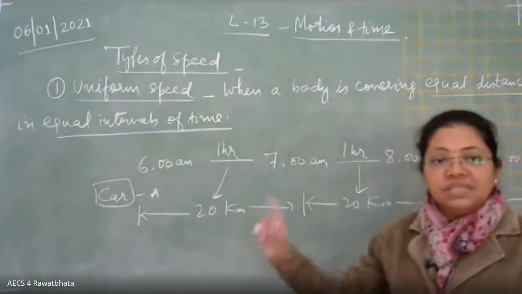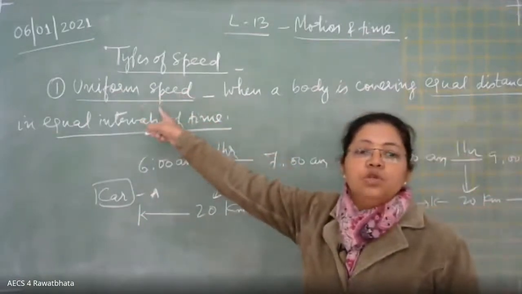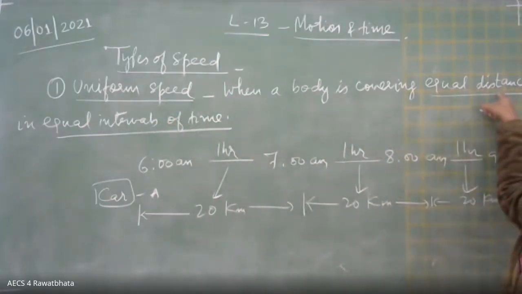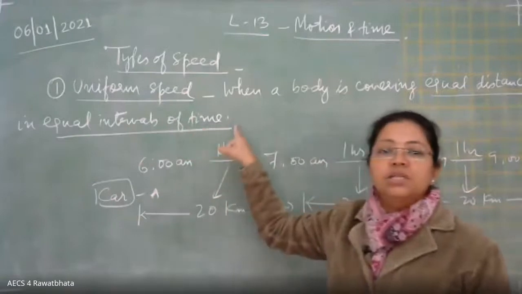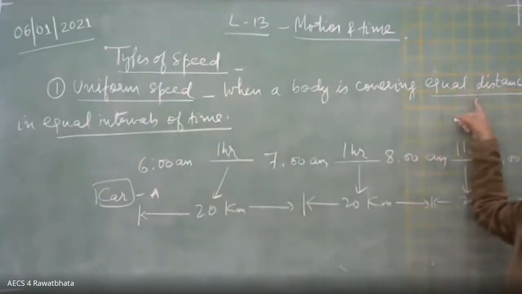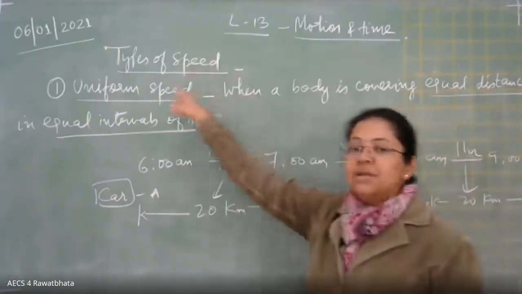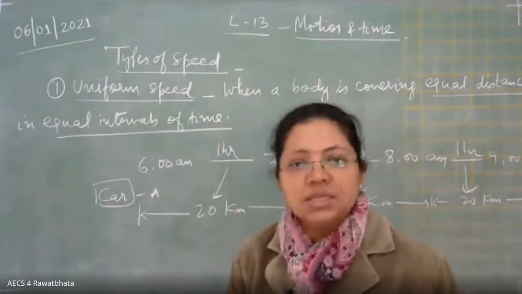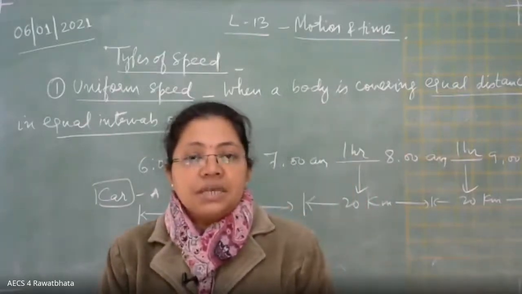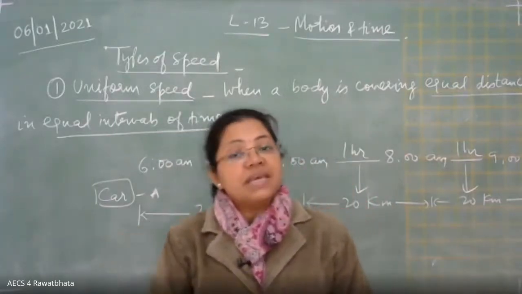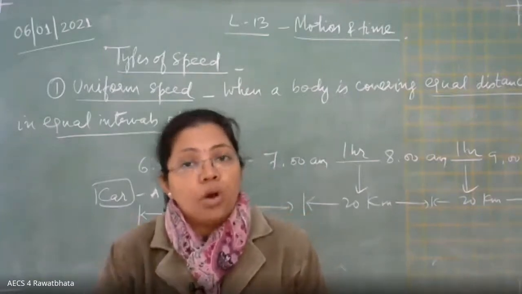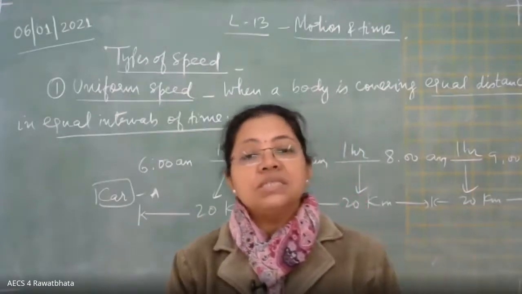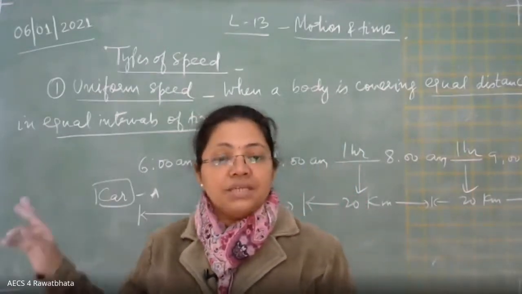It means we will say that it is moving with uniform speed. Why? Because it is covering equal distances in equal intervals of time. Distance कितना है? 20 kilometers कवर कर रही है. Time interval कितना है? 1 hour का time interval है. So when a body is covering equal distance in equal intervals of time, then we say that that particular body is moving with a uniform or constant speed, right?